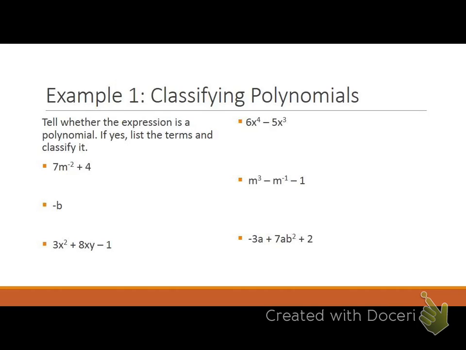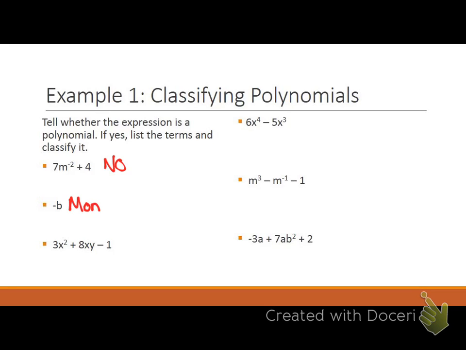So does the first example right here meet the criteria? 7m to the negative second power plus 4? No. So I just say no. And really, it doesn't even ask you to say why. What about negative b? What do you think? It's a monomial.